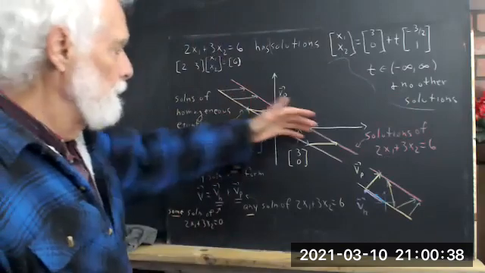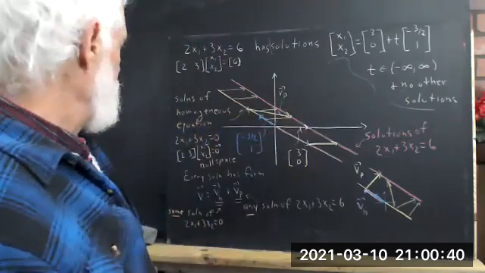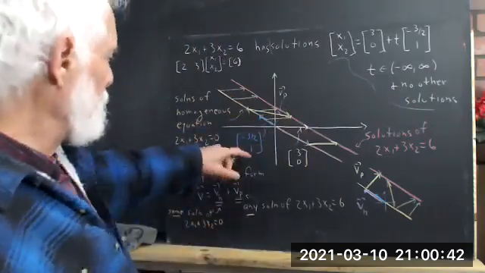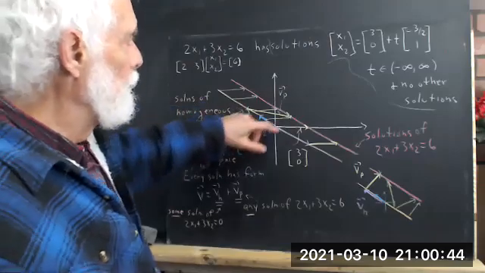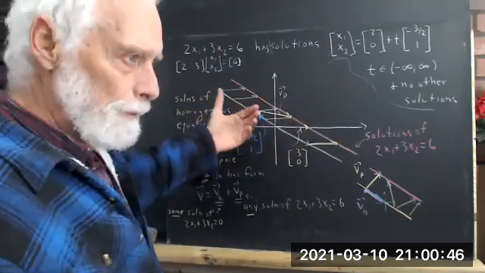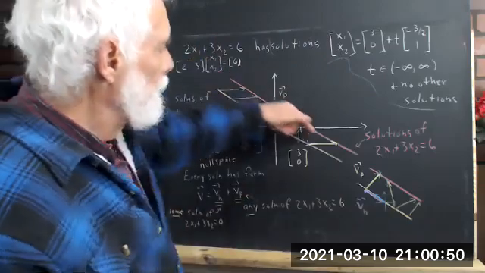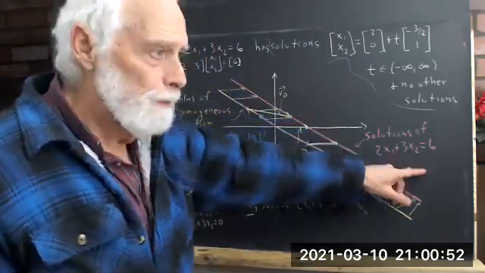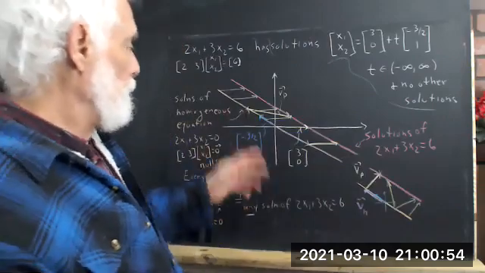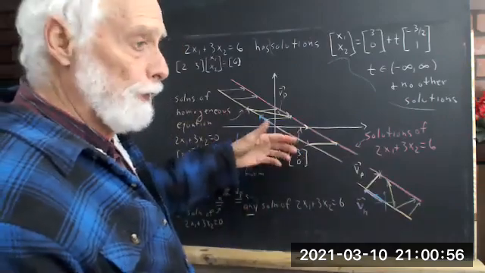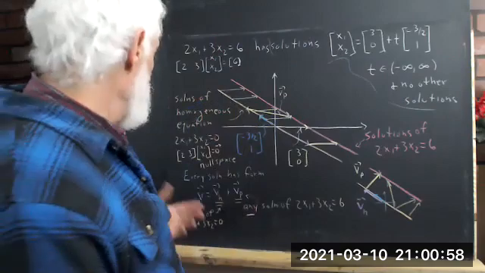Well, here's a little better picture, and a little better labeled, but right here is your vector negative 3 halves, 1, same as it was before. And here is your set of solutions, okay? And you can verify, it goes through the point 3, 0 and 0, 2.